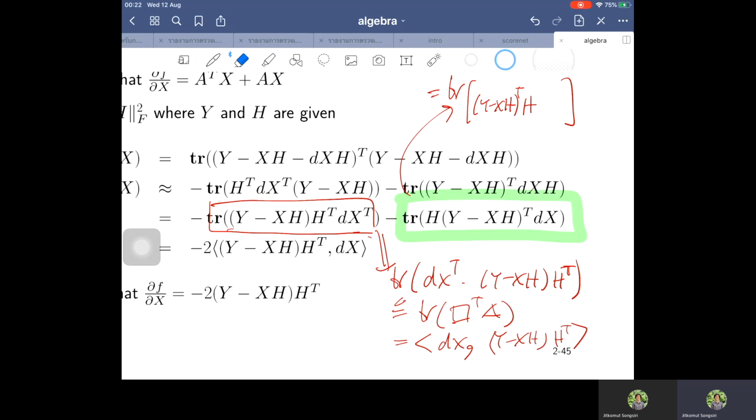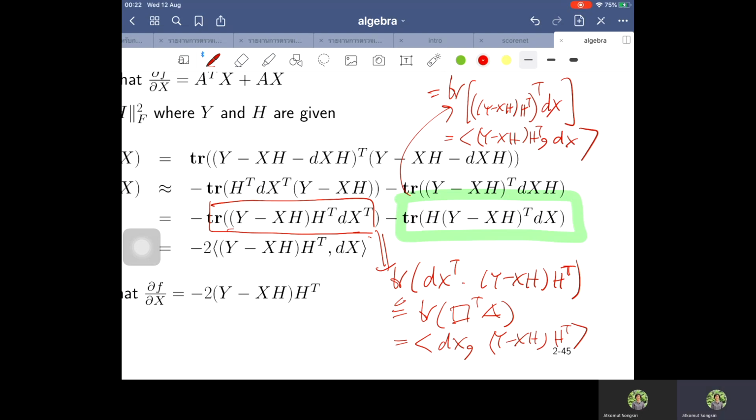Sorry, wrong. So it's supposed to be y minus xh times h transpose and transpose again with dx. Okay, so then I figure that it is the inner product between y minus xh h transpose and dx.